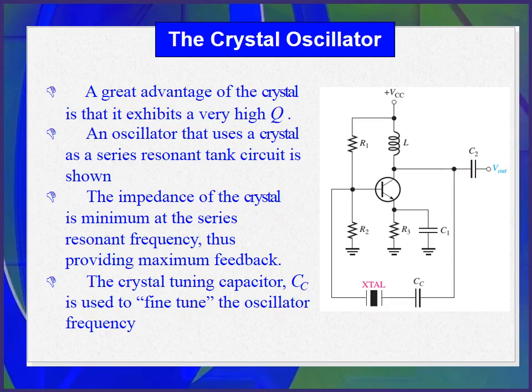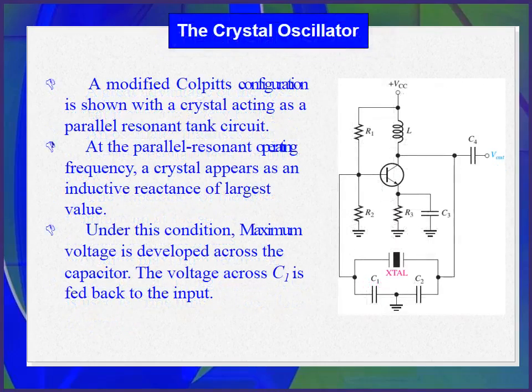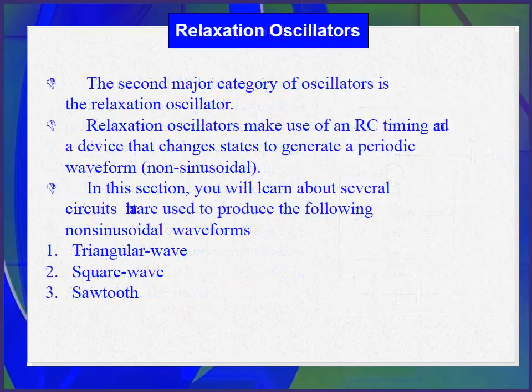A modified Colpitts configuration is given here with a crystal acting as a parallel resonant tank circuit. The impedance of the crystal is maximum at parallel resonance, thus developing the maximum voltage across the capacitor. The voltage across C1 is fed back to the input.